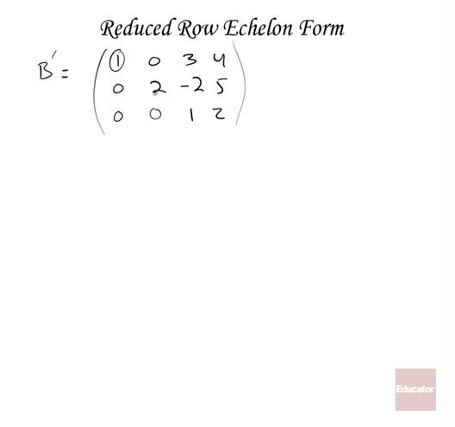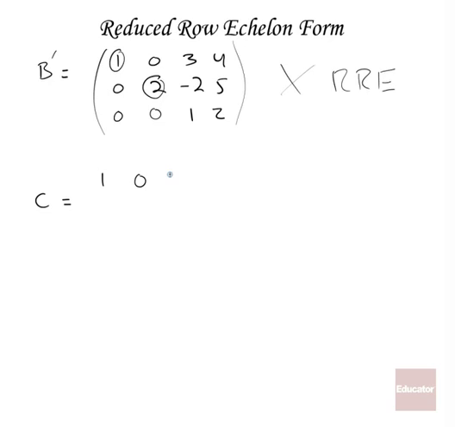Here, the leading entry, the first number that's non-zero, is a 2. It's not a 1. It has to be a 1 for it to be in reduced row echelon form. You can certainly take this entire row and divide it by 2 to get 1, negative 1, and 5 halves, and then you would almost be in reduced row echelon form. But as it stands, this is not reduced row echelon form.